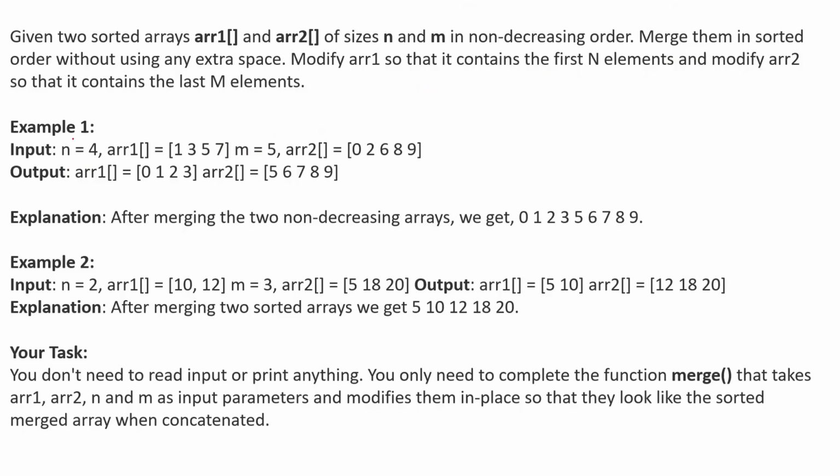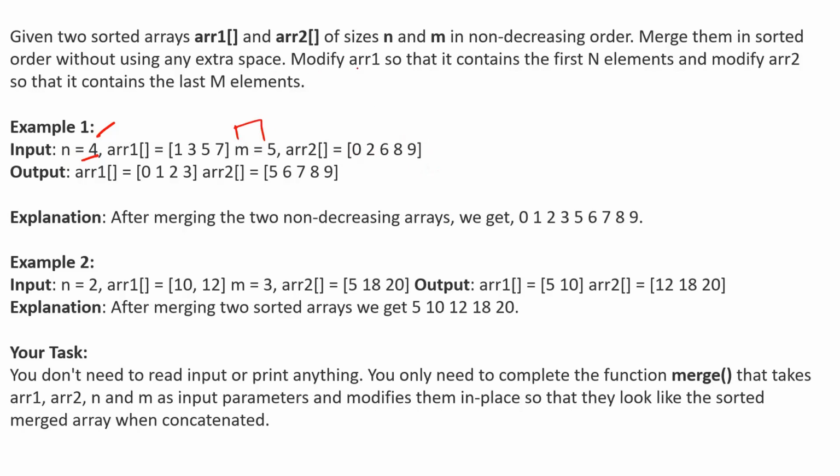Let's understand this with the help of an example. So here you can see this example is provided to us. Now ARR1 has 4 elements. That's what they have given in the input, that n equal to 4, ARR1 equal to 1, 3, 5, 7. And our next array consists of 5 elements: 0, 2, 6, 8, 9.